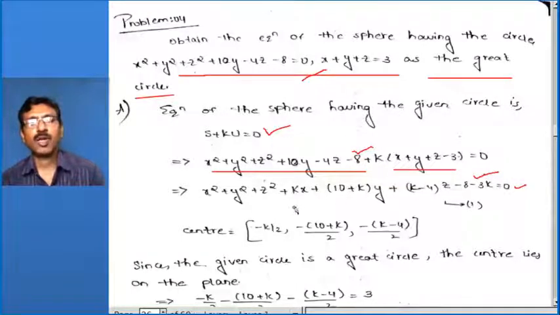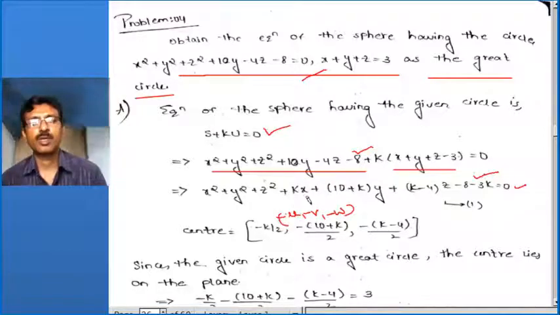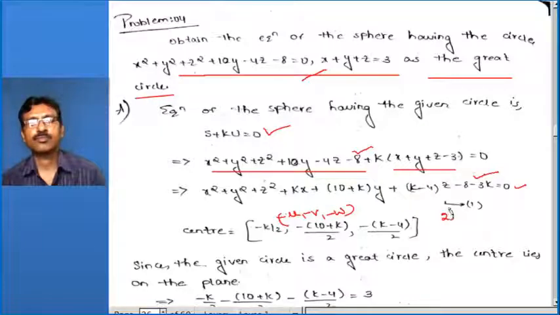I am going to write the center of the sphere using the formula (minus u, minus v, minus w). Here 2u is k, u equal to k by 2 and minus u equal to minus k by 2.